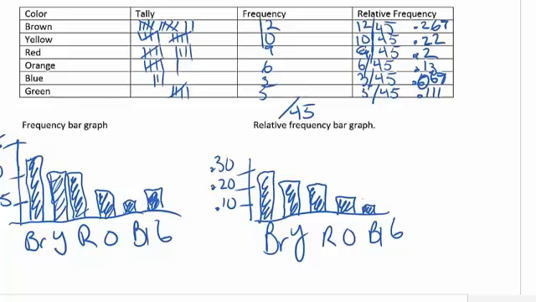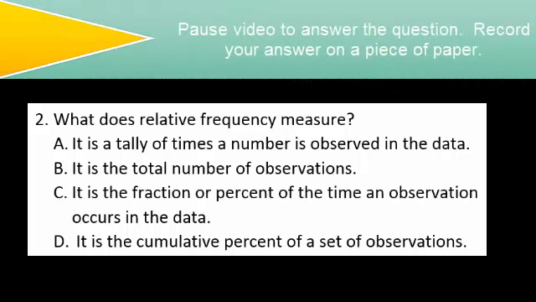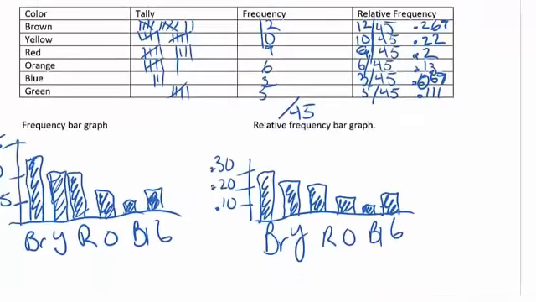And then green is 0.1. Okay, so notice it's essentially the same bar graph. The only difference is the height labels for the particular bars.